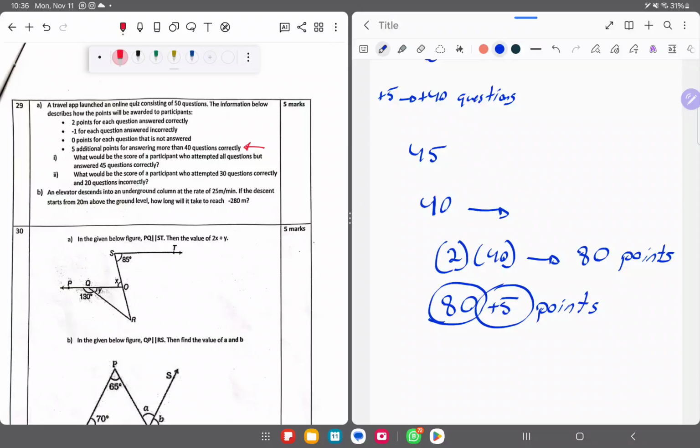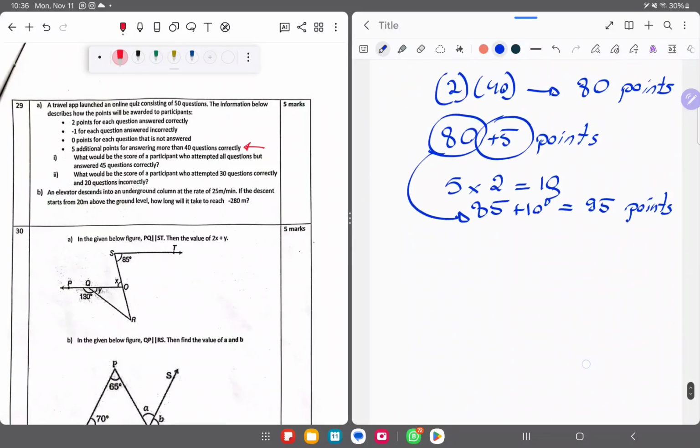Now you've got the other 5. So the other 5 times 2, that's 10. So now you're at 85 points plus 10 points. Then you're at 95 points.